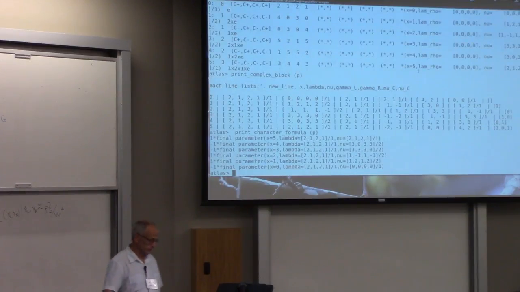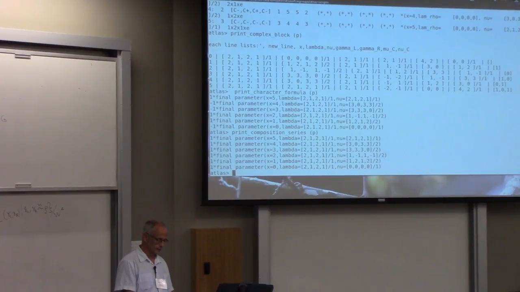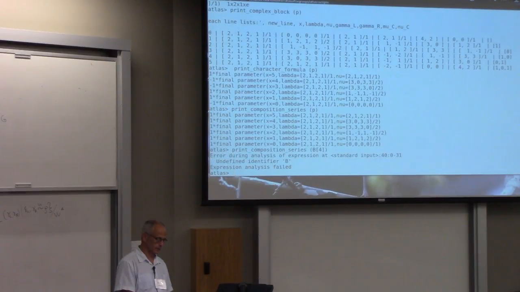And then similarly, if you want to look at the composition series, let's print the composition series of E. That's all ones. And let's look at B bracket 4. Whoops, I didn't give a name.